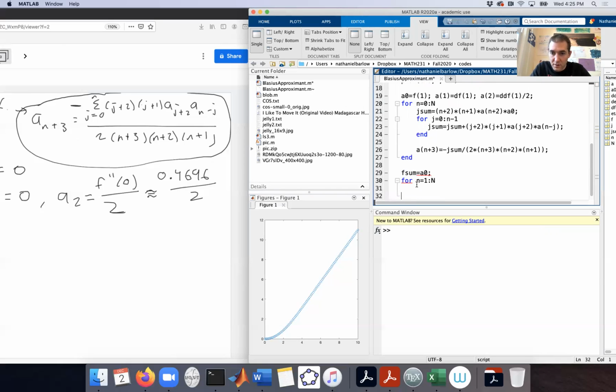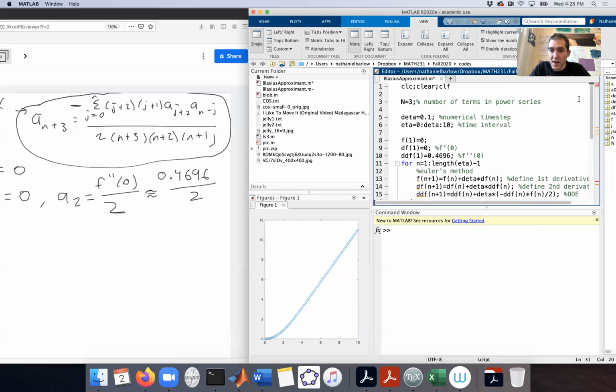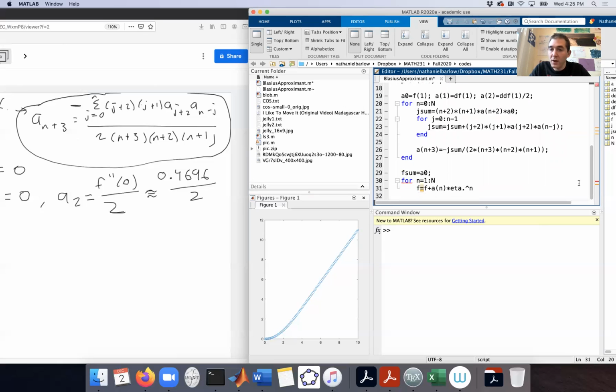F equals F plus A of n times eta to the nth power. Notice I use a dot caret because we're taking the vector, or the array eta up here, and we don't want to do a matrix multiplication. The sizes won't work anyways, right? We just want to raise every single thing inside that array to the nth power. So we use dot caret instead of caret.